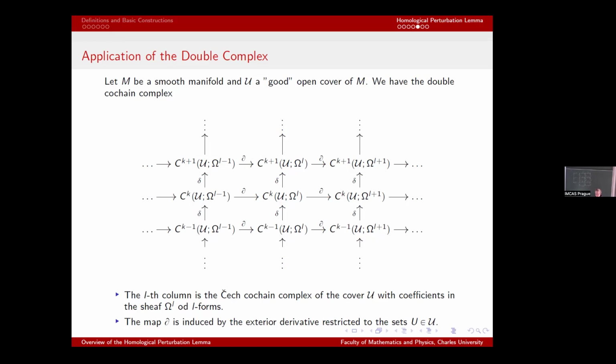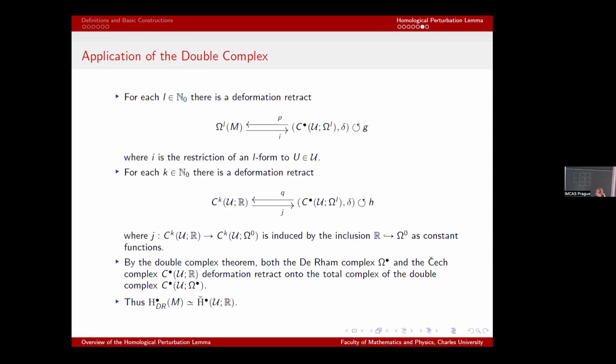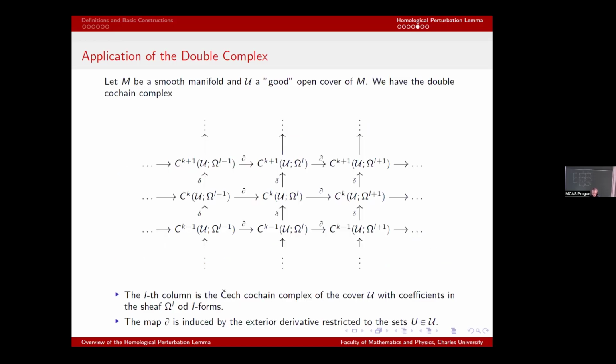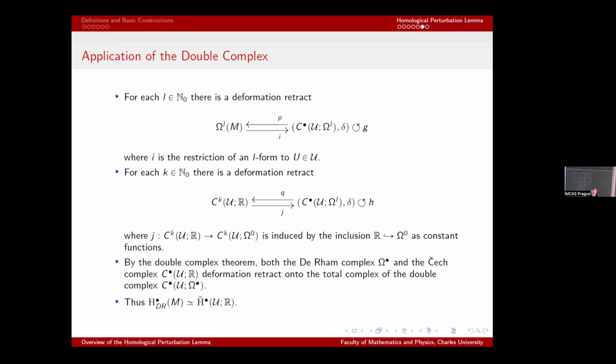And I will not really go into specific details of constructing these maps, but for this I recommend the book Differential Forms in Algebraic Topology by Bott and Tu. But essentially, for each column, I'm sorry, for each column, we can consider the module of the differential l-forms.